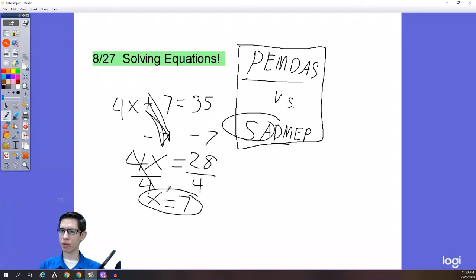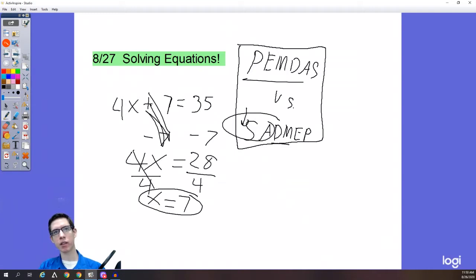So you see how we started here with subtraction, addition, and we worked our way backwards until we got our x. If there were an exponent, we would then have to do something to get rid of the exponent. If there were parentheses, we would then have to do something with the parentheses. And I'll show you edge cases where those are useful, but we'll look at that probably in part 3.